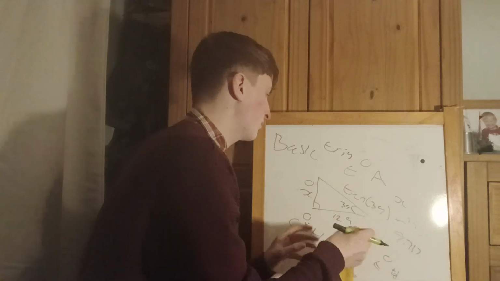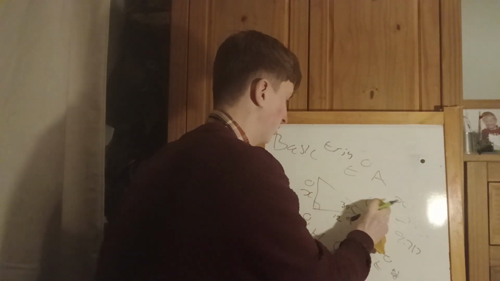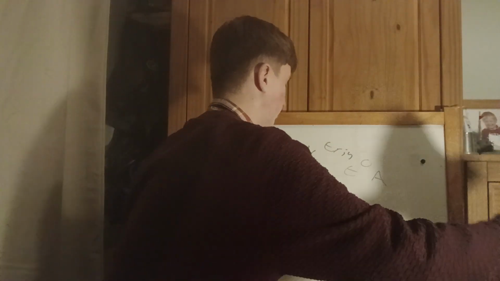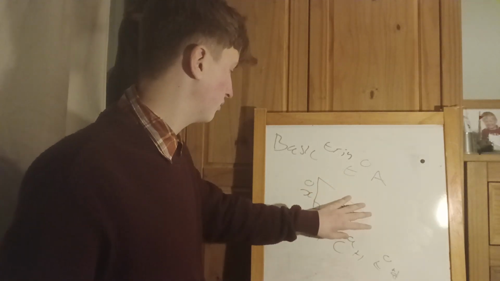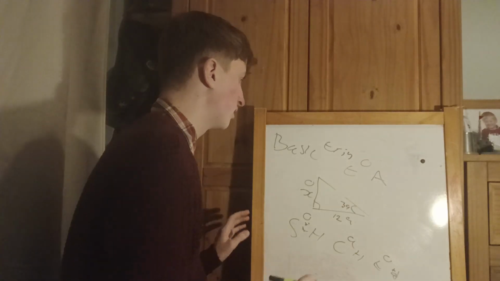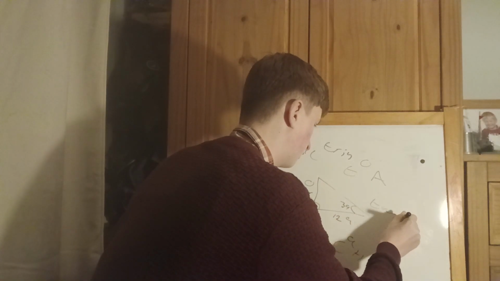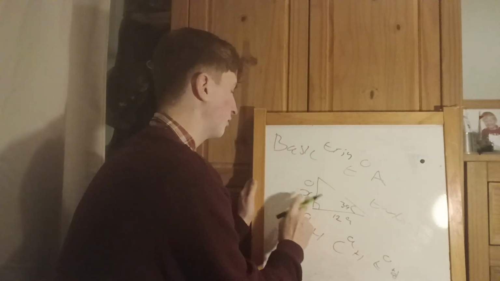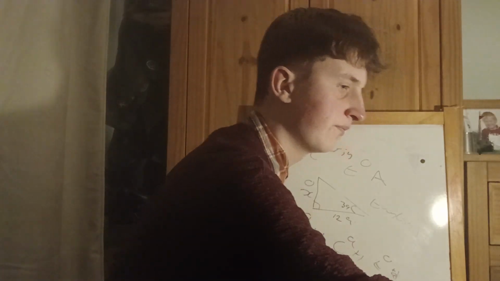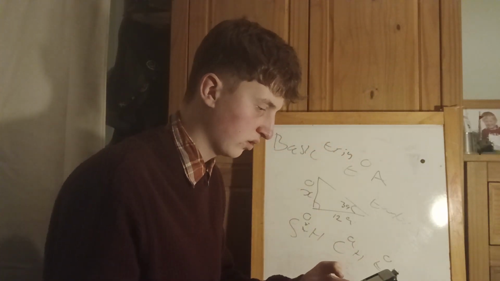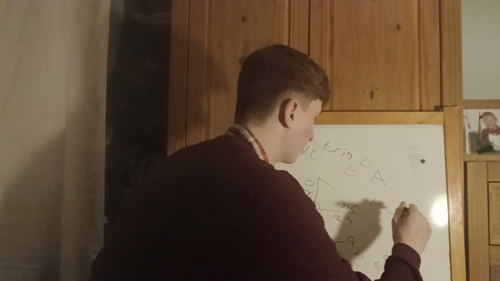So if we rub this out quickly, to prove that it is 12, we can use O instead of the A. So if we go back here, we've got our tan 39, but this time using our opposite, which was 9.7.